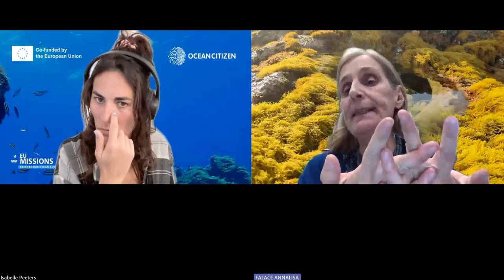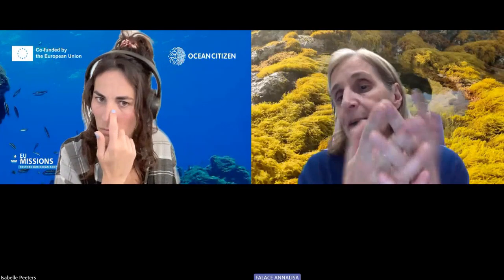The criterion for the donor site is that it is possibly nearby the site you want to restore, so you are sure that the species has more or less the same adaptability to the environmental conditions, and that the species is present and also abundant.